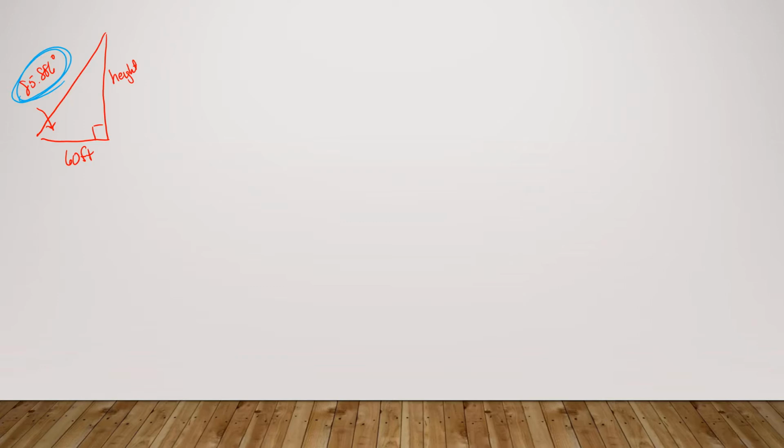So, the 60 feet is right next to this angle, isn't it? So that's my adjacent side. The height is opposite the angle. So that's my opposite side, which means I'm dealing with which trig function? Yep, I'm dealing with tangent again. So to find the tangent of an angle, we take the opposite side over the adjacent side.